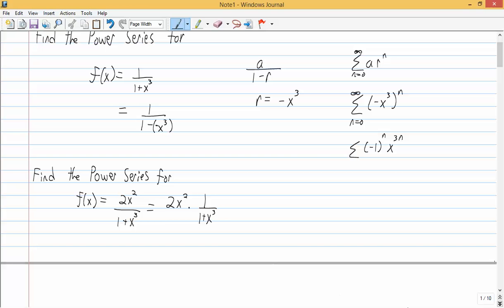So we simply say 2x squared times our power series.